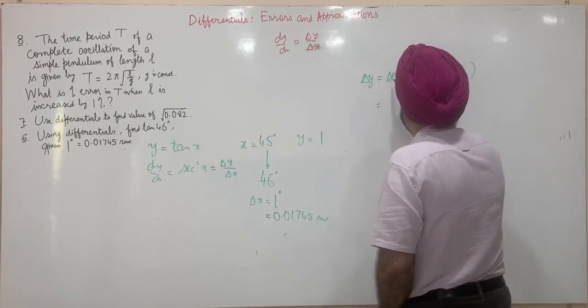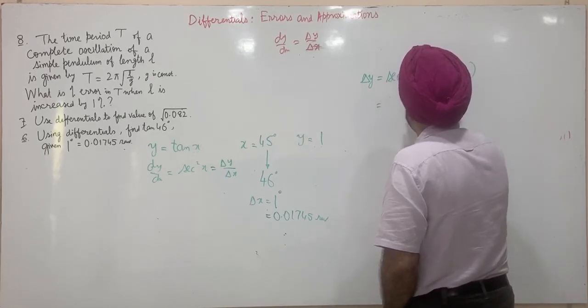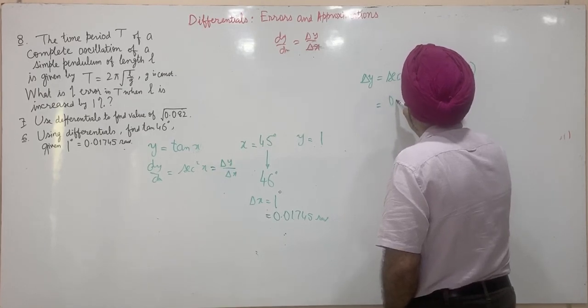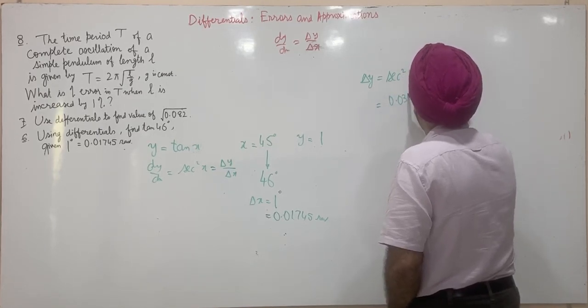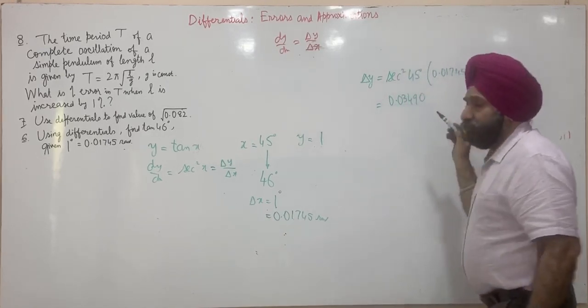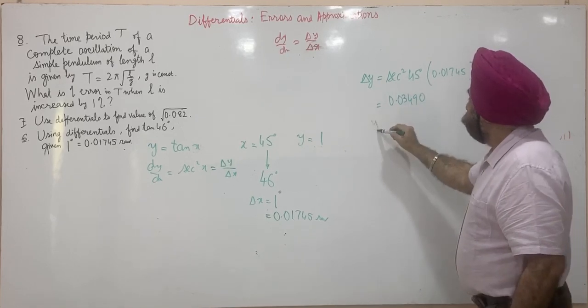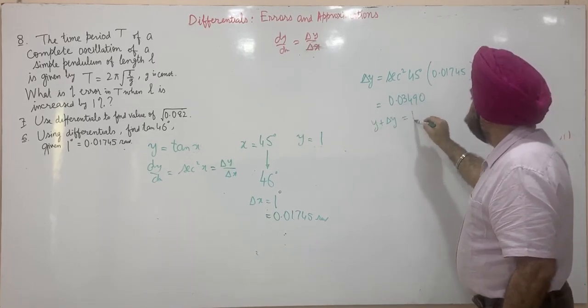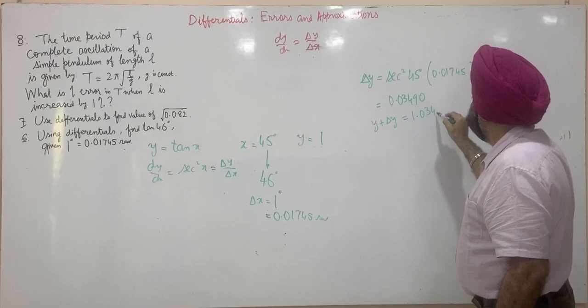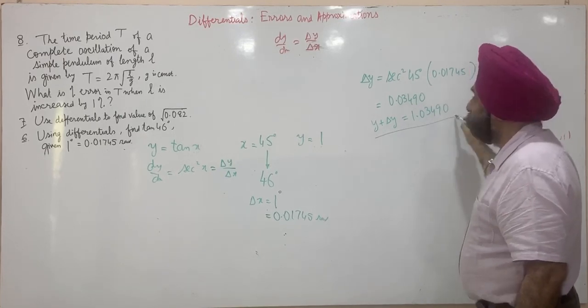This is root 2 whole square, that is 2. So twice of this will be 0.03490. And the final answer, that is y plus delta y, is 1.0349.